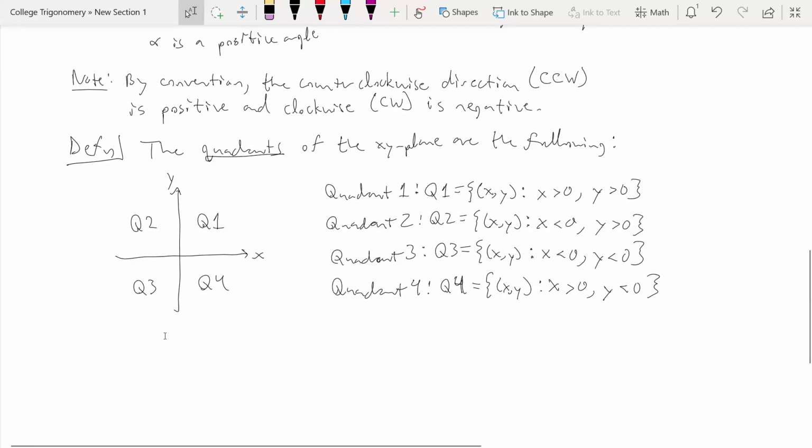Now that we have these quadrants, let's talk about what it means for an angle to be in a particular quadrant.